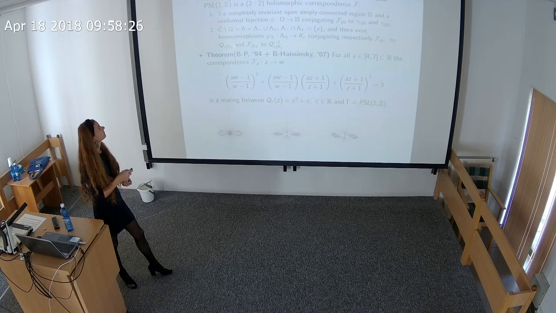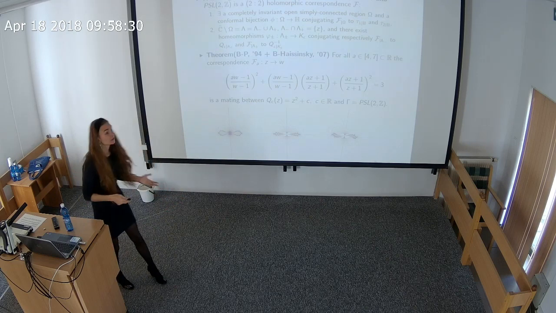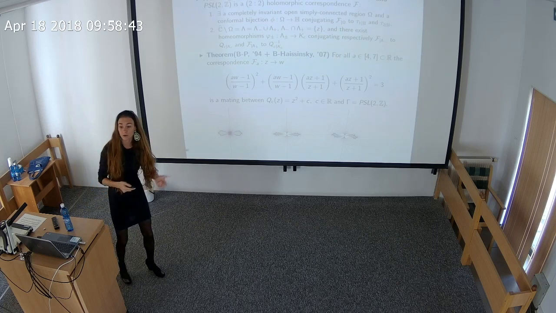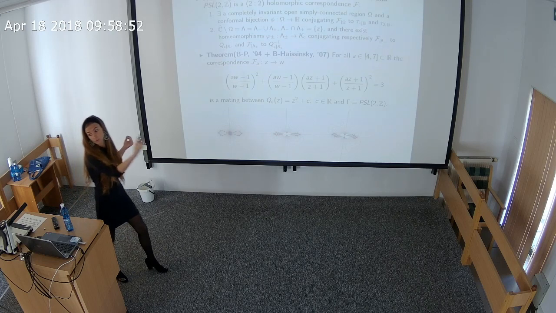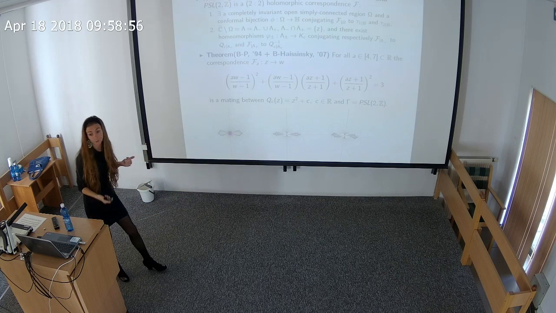And on the complement of this simply connected open set, this complement is made by two sets which intersect in a single point, and on one of these sets the action of your correspondence is conjugated to a quadratic polynomial, and on the other one to the inverse of such quadratic polynomial.